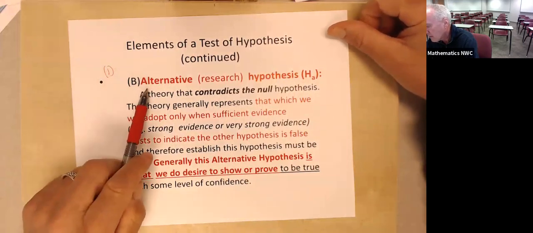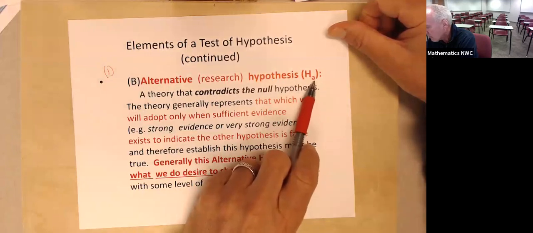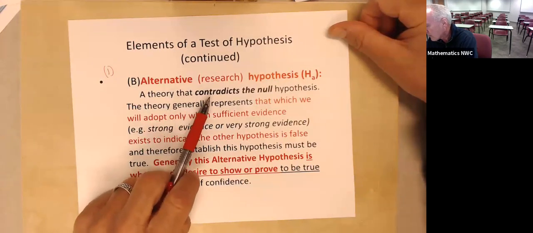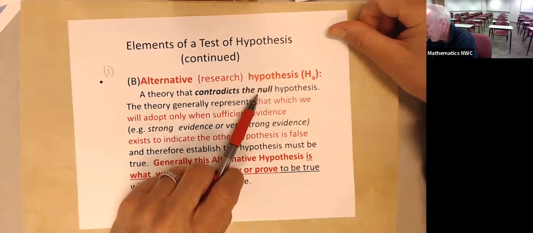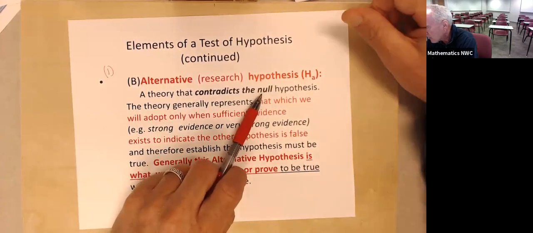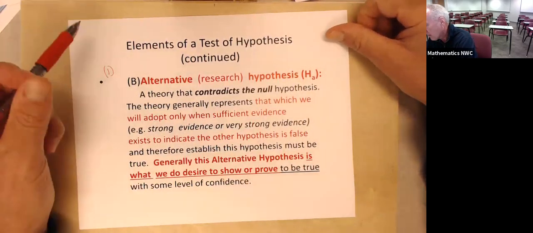This is, again, part of number 1, the null and alternative hypothesis. The alternative hypothesis, which is given the symbol H sub A, easy to remember, A for alternative, is a theory that contradicts the null. When we say contradicts, it means both of them cannot be true at the same time. Just a quick side note.